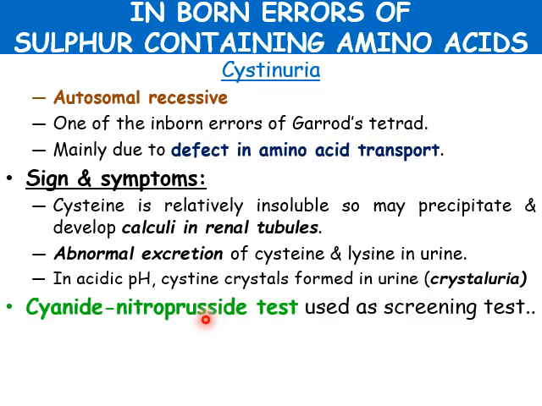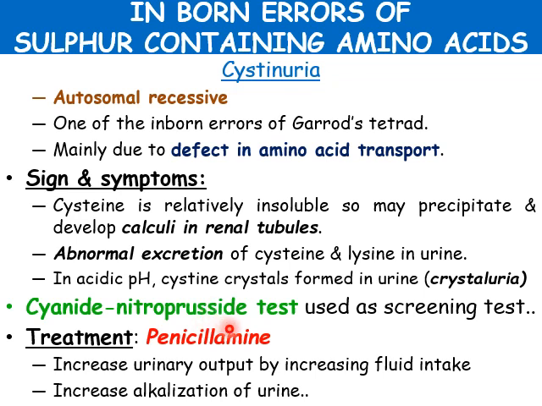This cystinuria is diagnosed with the help of the cyanide nitroprusside test. It is a screening test, and for the treatment, the drug of choice is penicillamine, and the other ways are increasing the urinary output by increasing the fluid intake or making the urine alkaline by various alkalizers.